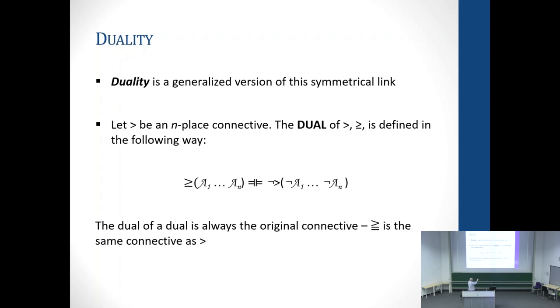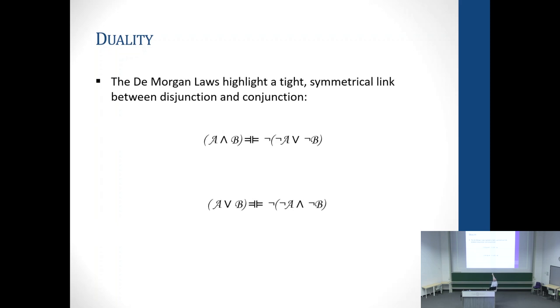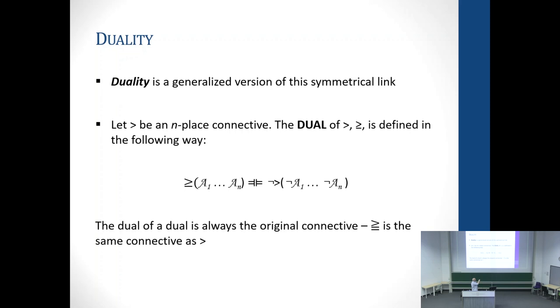So the dual of our randomly introduced, we haven't defined, but we're just having it as like a fancy swash font, basically, two-place connective is going to be this kind of structure. And note, if we go back a slide, you can see it. You have conjunction, so over here you have the negation, and then you distribute all the negations across using disjunction. Same thing the other way. So in here, we're just using some kind of general two-place or n-place connective. Every atom's going to get negation. We put a negation in front. That's going to map it to its dual.